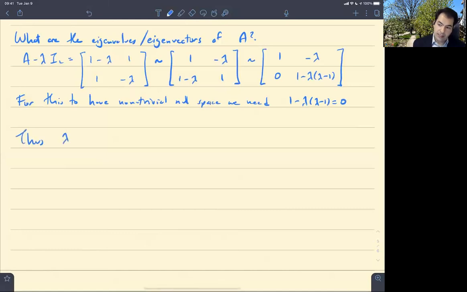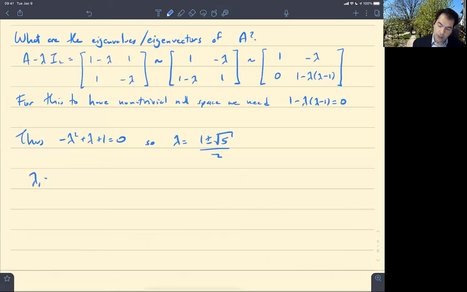So if we write that out, we get minus lambda squared plus lambda plus 1 equal to 0. So lambda is equal to (1 plus or minus the square root of 5) divided by 2. Right? So we have two distinct eigenvalues.